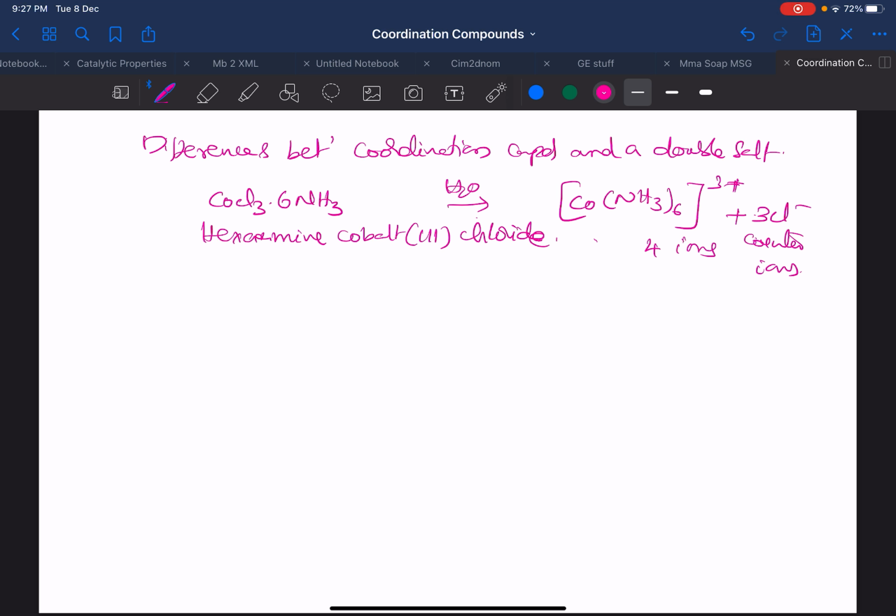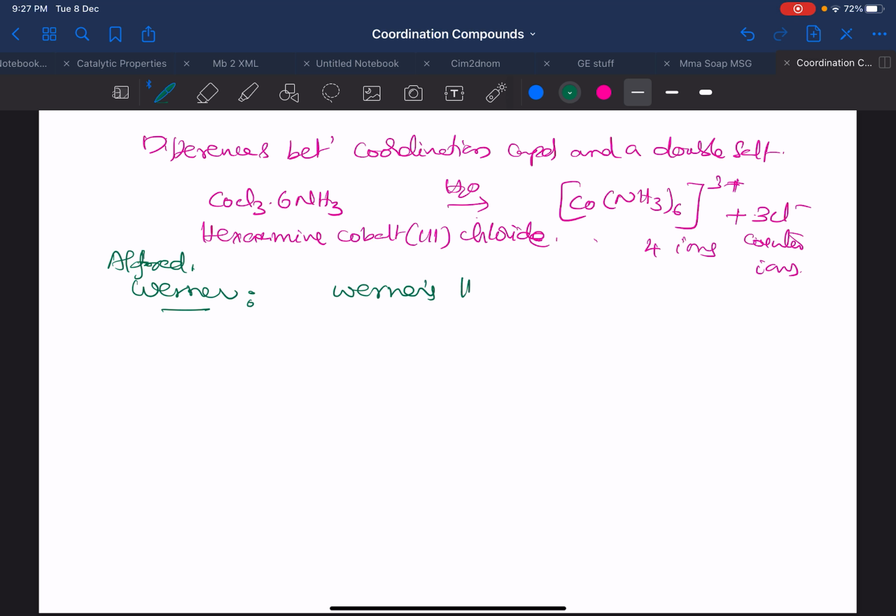The properties of coordination complexes were described by a scientist called Alfred Werner. He described the properties and the preparation of the coordination complexes, so it is named Werner's theory.